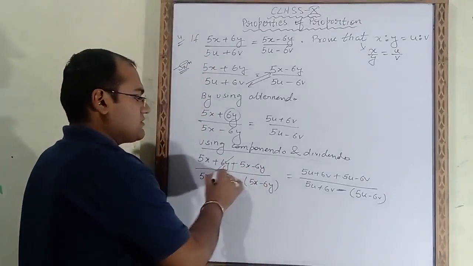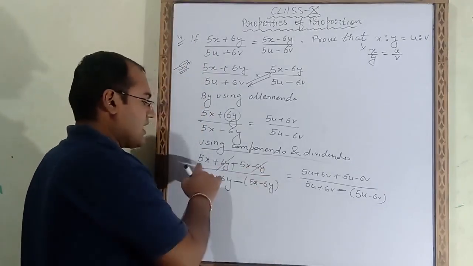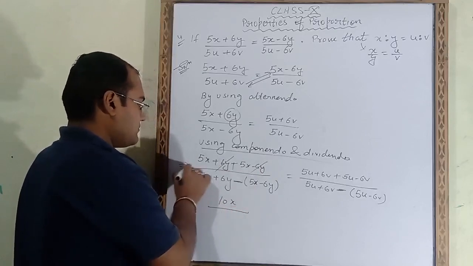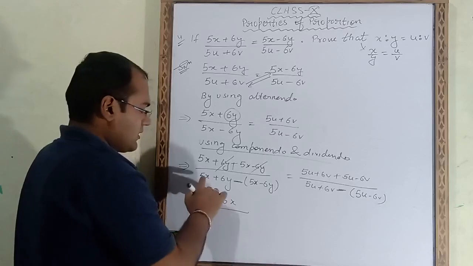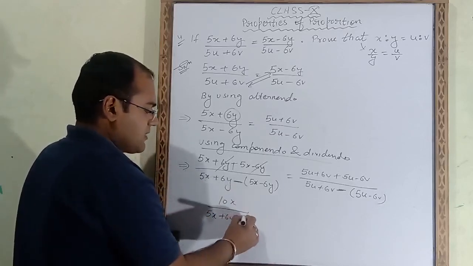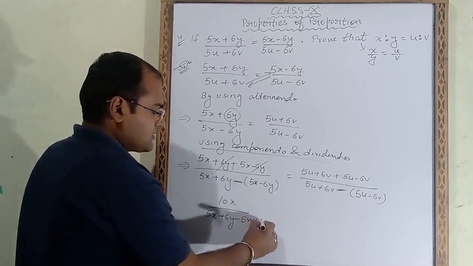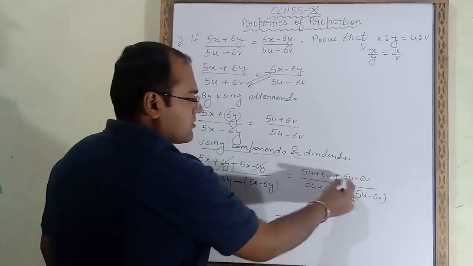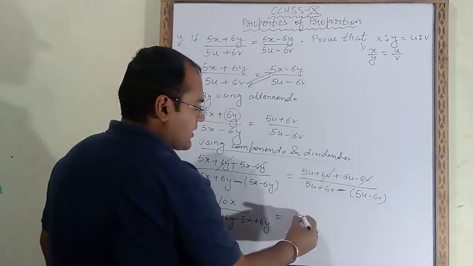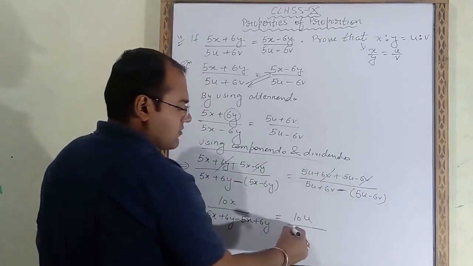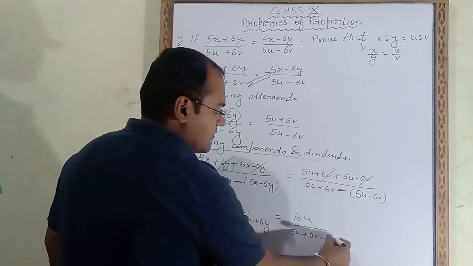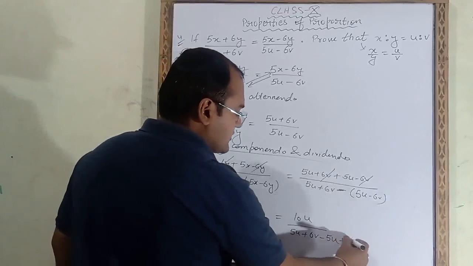Here if we observe, this plus 6y and minus 6y will get cancelled. 5x plus 5x will become 10x upon 5x plus 6y minus plus minus 5x minus minus plus 6y. Minus 6v and plus 6v will get cancelled, plus 5u will become 10u upon 5u plus 6v minus plus minus 5u minus minus plus 6v.